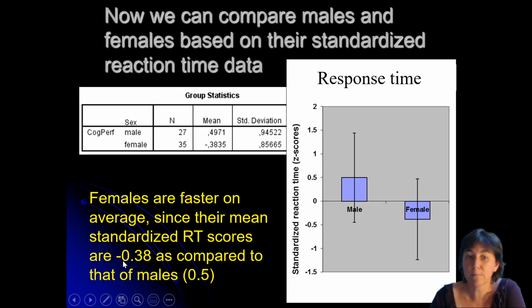So please notice this minus 0.3 something is faster in reaction time than that of males, which was half a standard deviation above the average reaction time in whatever experiment they took part in.